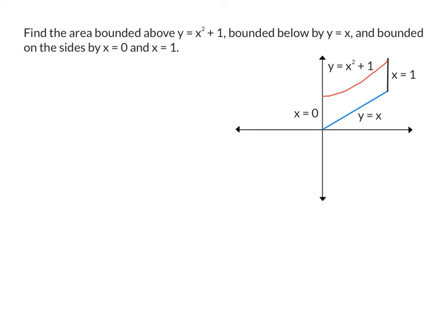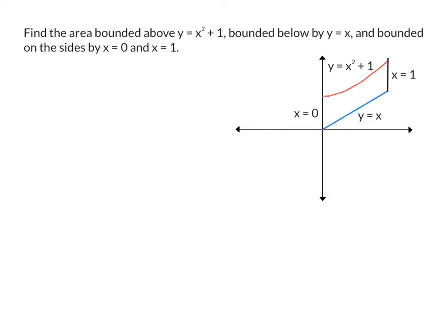Here I'm looking at the curves y equals x squared plus 1 and y equals x, and we are bounded between x equals 0 and x equals 1. Notice the curves are continuous. x squared plus 1 is always larger over the course of this whole interval than y equals x.